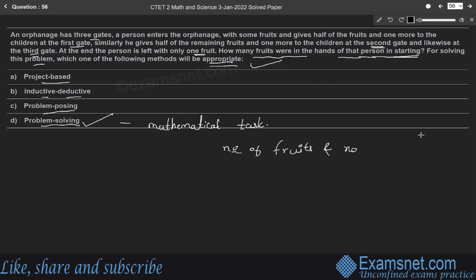Here, the student not only goes from beginning to end, he has to follow the reverse process, from end to beginning, to find out how many fruits were there in the hands of that person when he started. Therefore, the correct answer is problem solving.